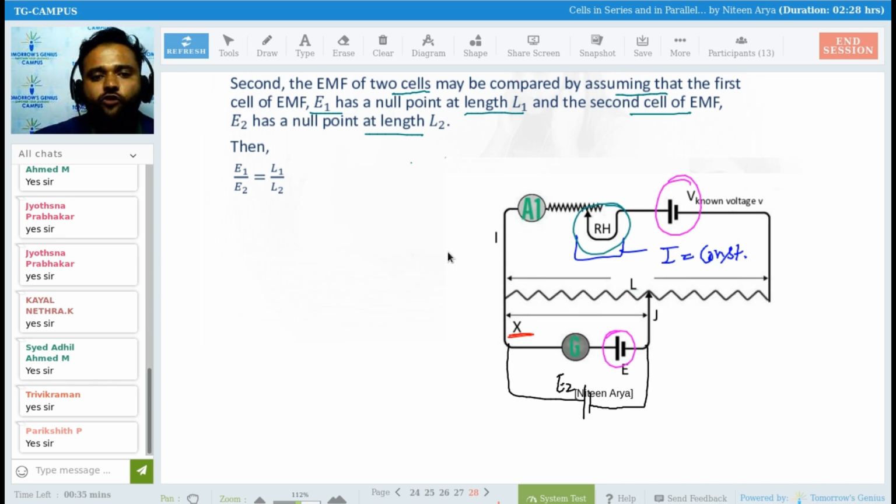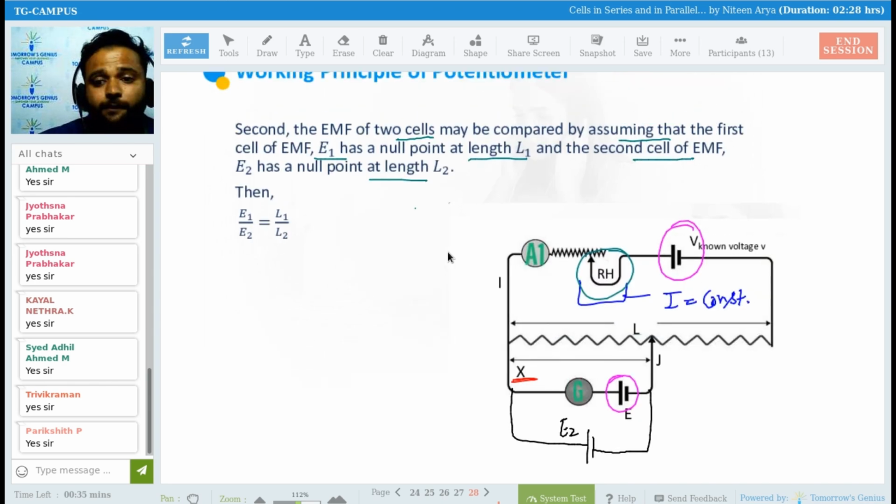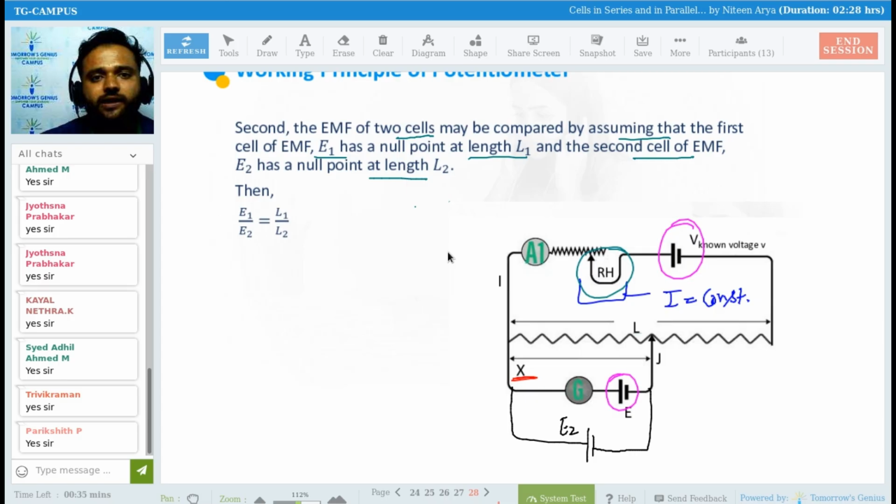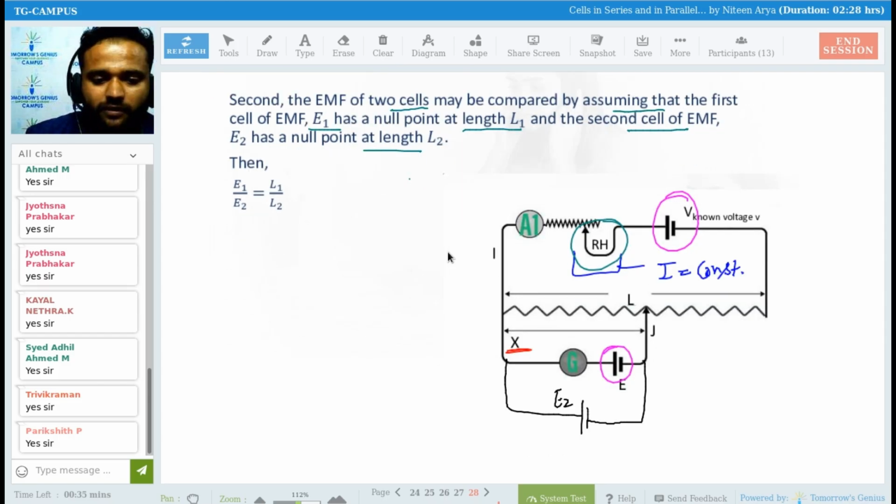Suppose we have another cell also, this is E2. Null point is where the current is 0, and when the current is 0, again we get this Wheatstone balance condition. We need to compare the EMF of two cells. This cell has EMF E1, this is EMF E2.